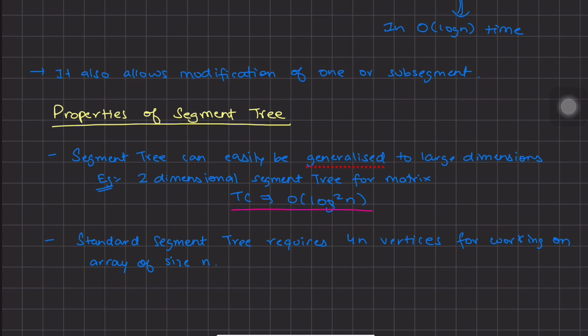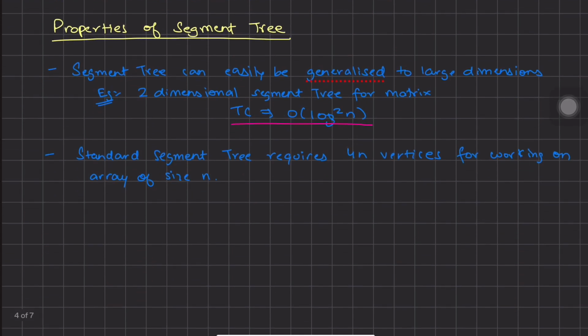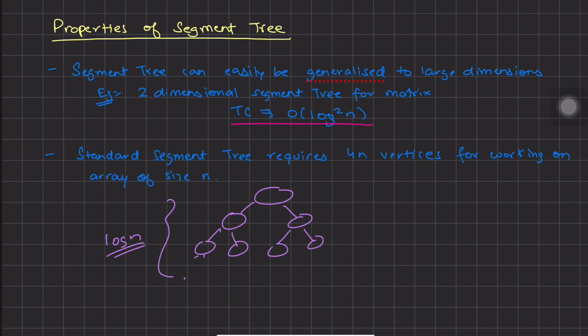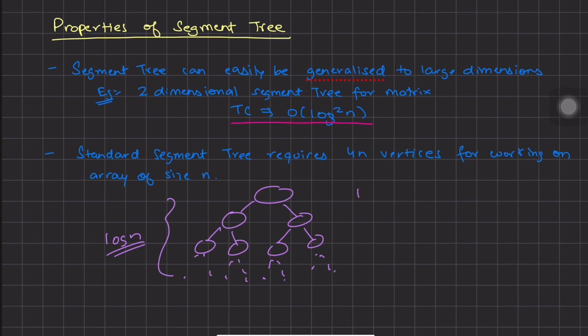I can give you a proof of that as well. Suppose that I'm building a segment tree, a binary tree. Then I'll be having log n levels. Now, let's count the number of vertices. Our root will have 1, the second level will have 2, then 4, and so on, till 2 to the power log n, right?